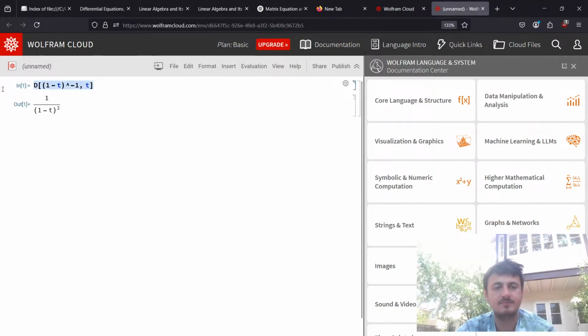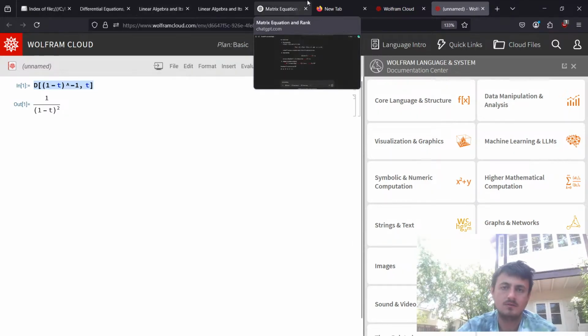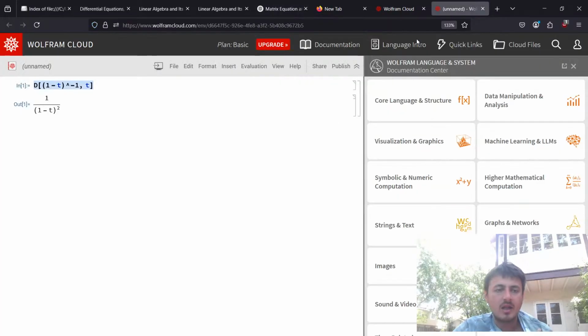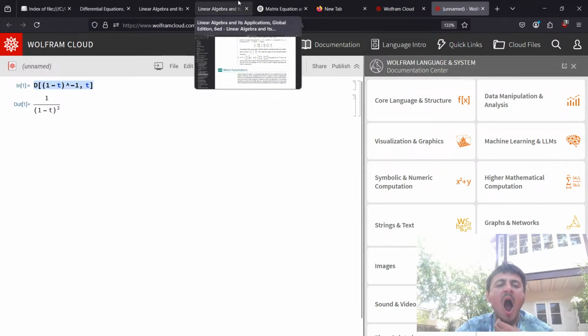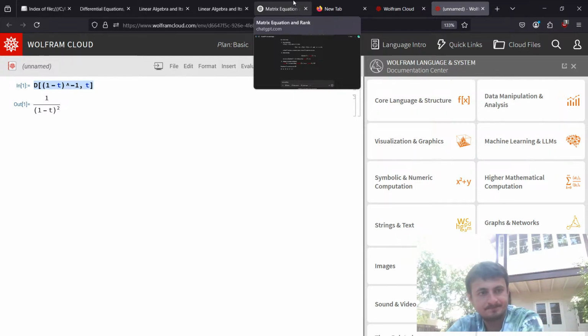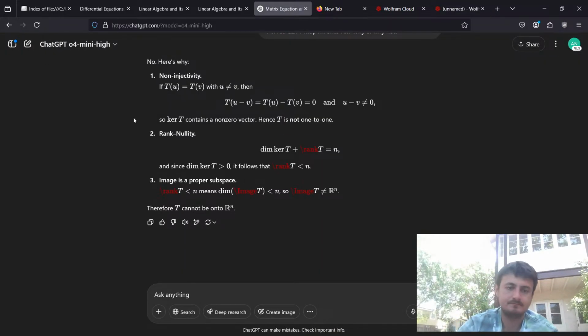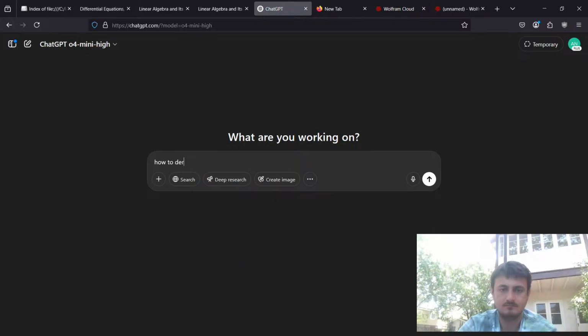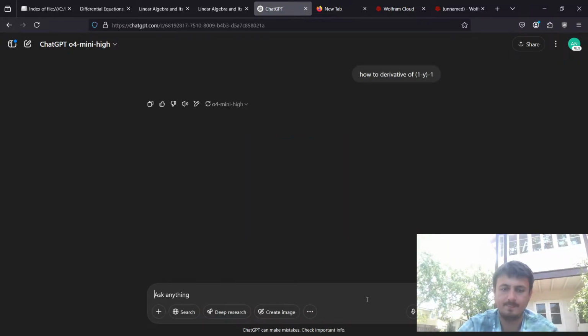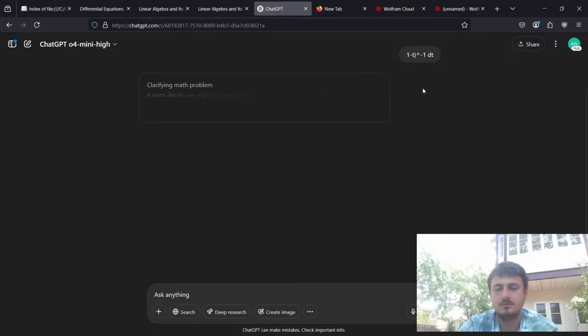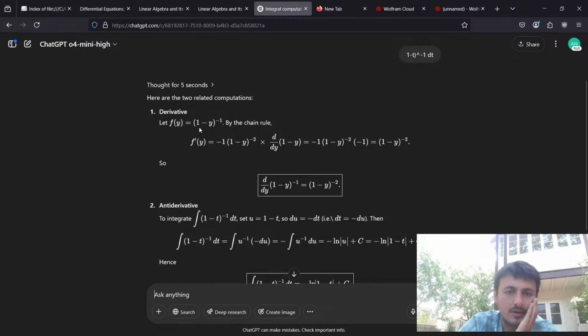How do you do this? What are the steps for this? Because I got it wrong. Wait, 1 minus t minus 1 dt.